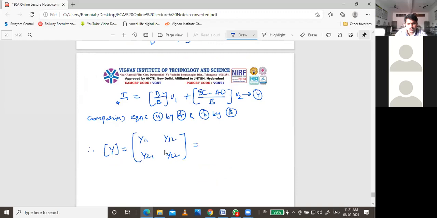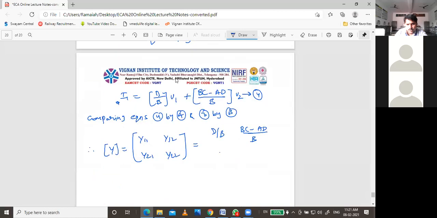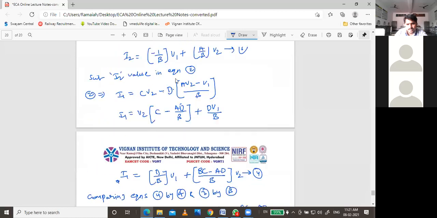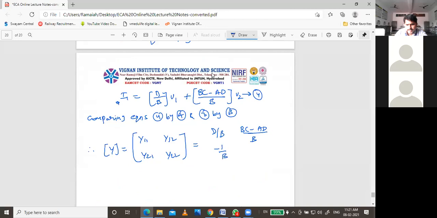Y11 is D by B. Y12 is BC minus AD by B. Next, Y21 is minus 1 by B. And A by B is the Y22 value. So this is the interrelationship between the Y parameters in terms of Z parameters, in terms of H parameters, in terms of ABCD parameters.